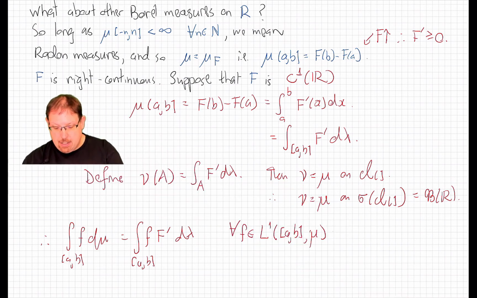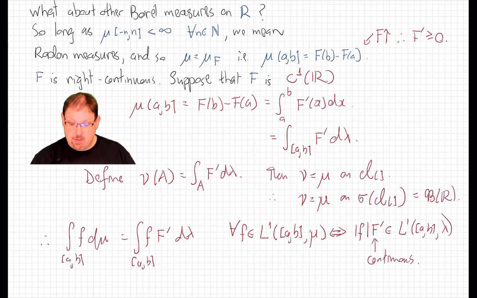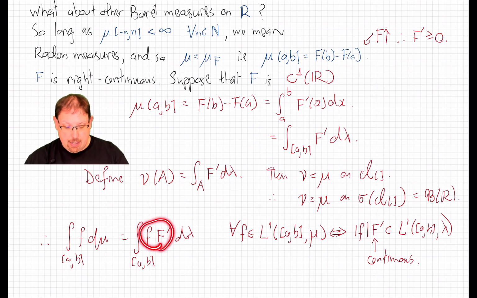And that condition is satisfied if and only if the absolute value of f times f prime is in L1 of Lebesgue measure. Well, f prime is a continuous function here, and so if little f is Riemann integrable, it's easy to check that this is therefore also Riemann integrable.